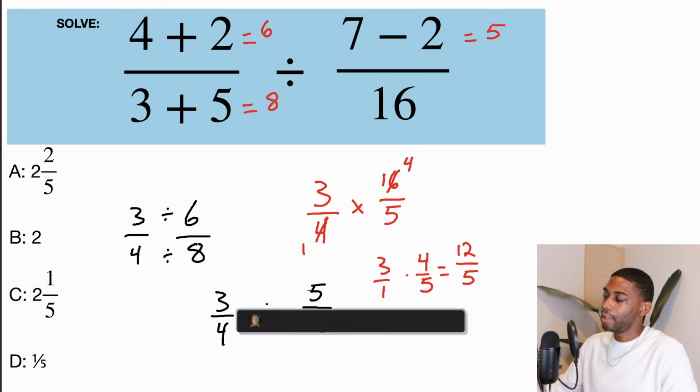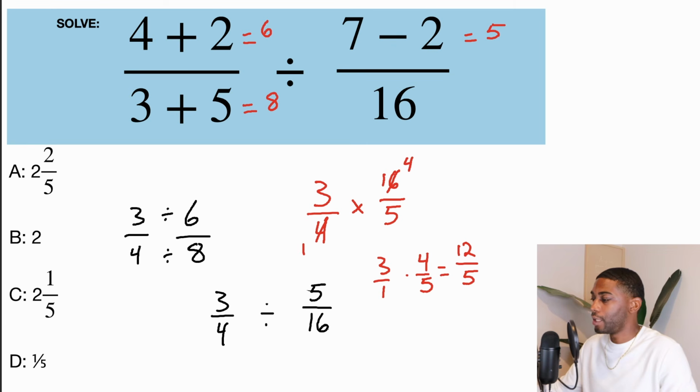Let's see if we can turn this improper fraction into a mixed number. 12 over 5. How many times does 5 go into 12 evenly? 5 can fit into 12 a total of 2 times, because 5 times 2 is 10, right? With a remainder of 2.